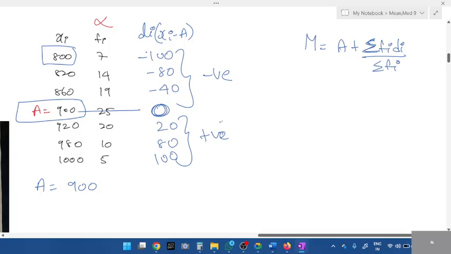Complete it till here. I'll show the next calculation. Don't do the next one. I'll do the calculation.